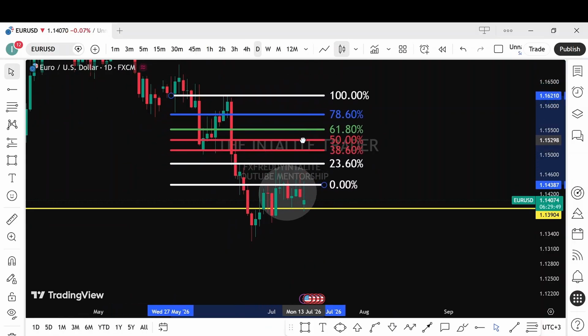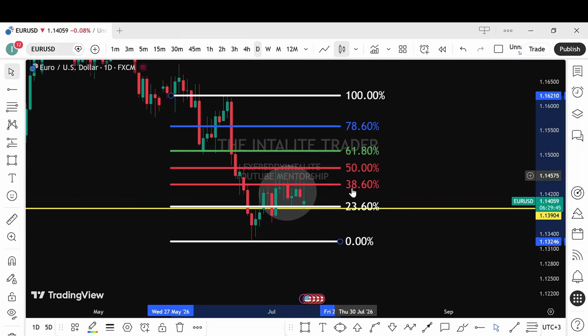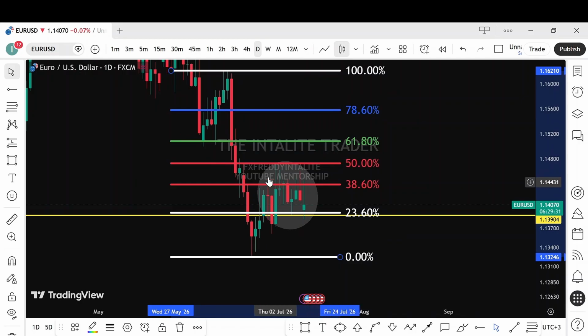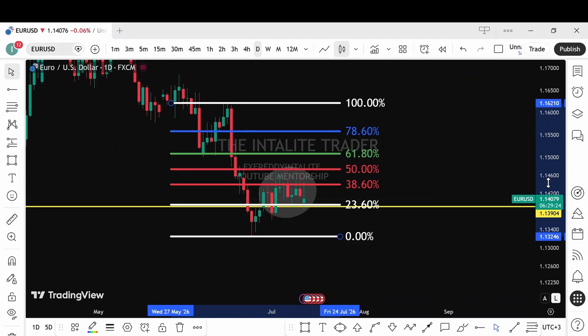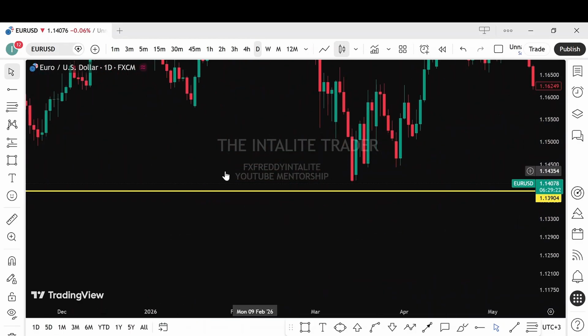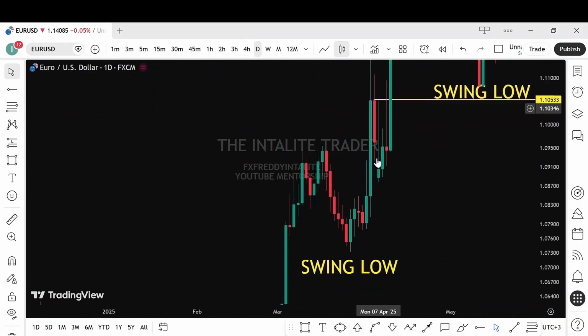You also put your level once you see price is beginning to pull back. So here, so far price has pulled back into the 38.0 level. It also came and tapped the 50 level, which is still a strong pullback. Are you together? Yes. So that is how we identify deep pullbacks versus shallow pullbacks.